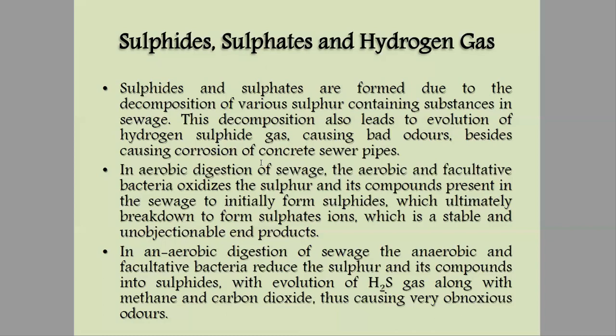So in this process, sulfur compounds will first be converted by aerobic or facultative bacteria into sulfides at the initial stage, and then they will be broken down into sulfate ions, which are a stable and unobjectionable end product. What do we mean by unobjectionable end product? That it is not harmful to humans or to aquatic life, that is flora and fauna.